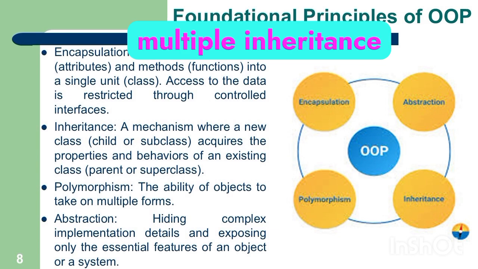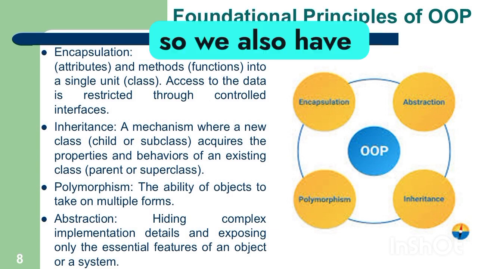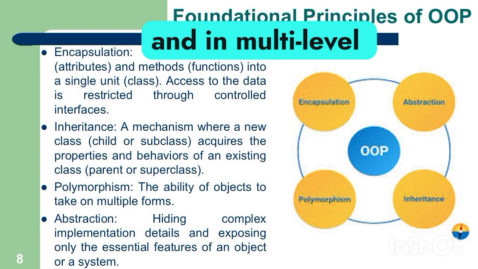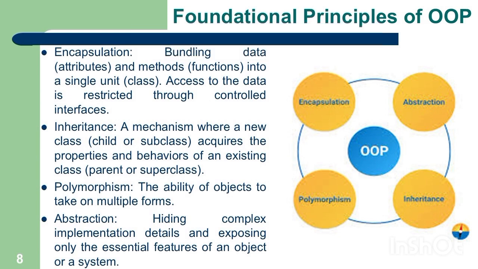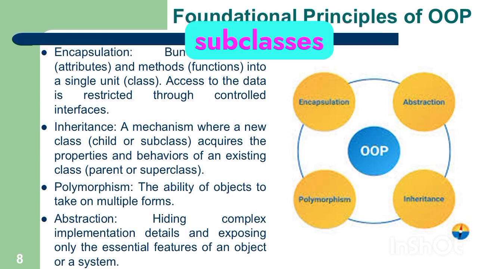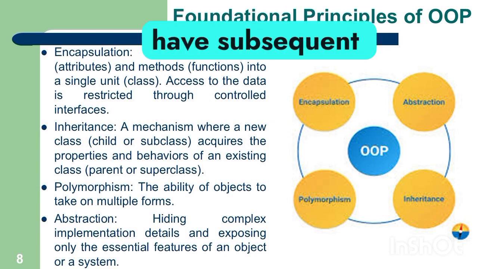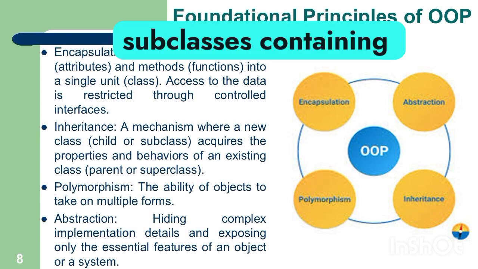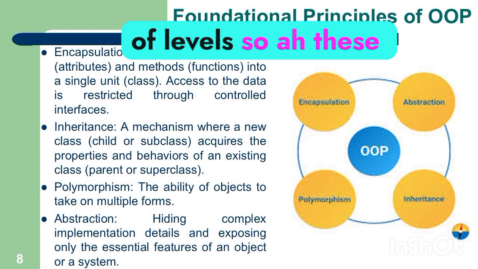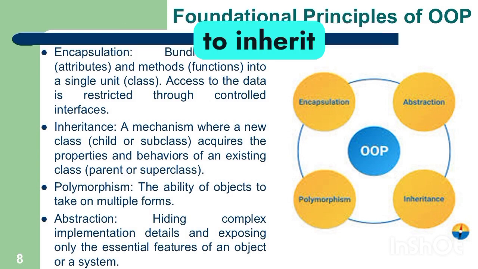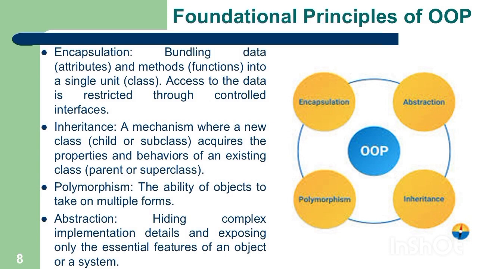So we also have multi-level inheritance. In multi-level inheritance, a class must have a number of subclasses, each of which is going to have subsequent subclasses containing a number of levels. So these classes all inherit from each other.